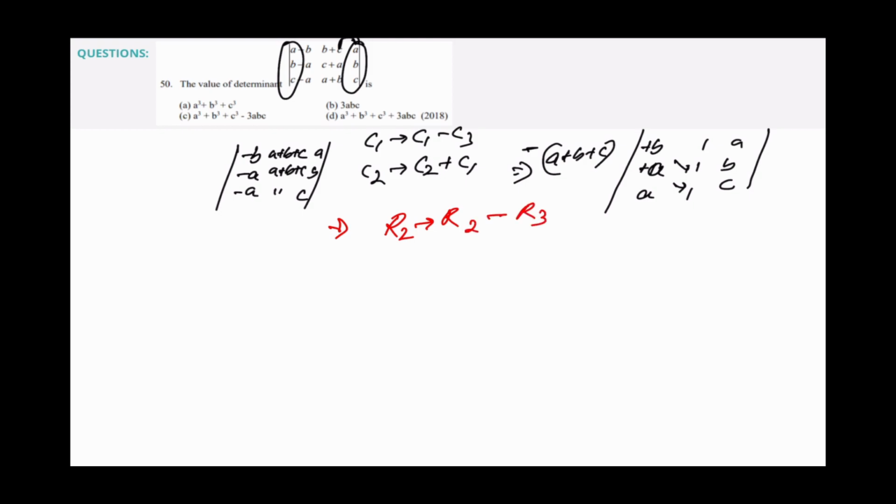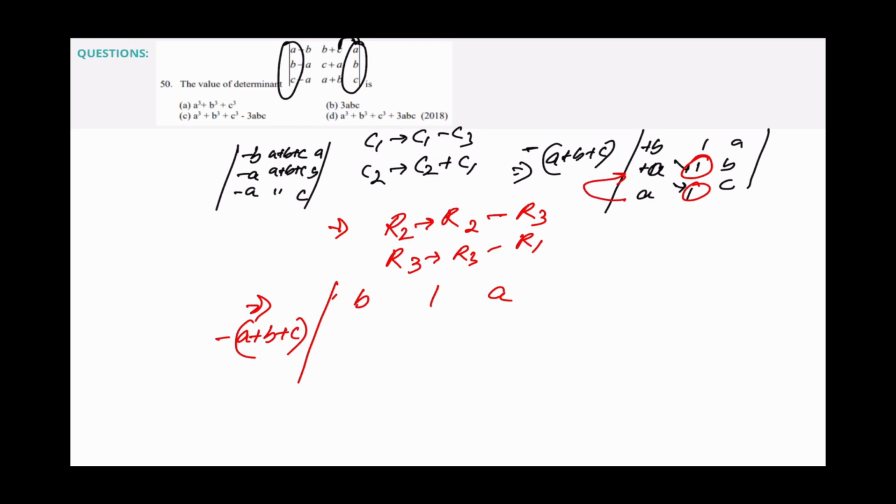So row 2 equals row 2 minus row 3, and row 3 equals row 3 minus row 1. The main target is to make this one and this one 0.